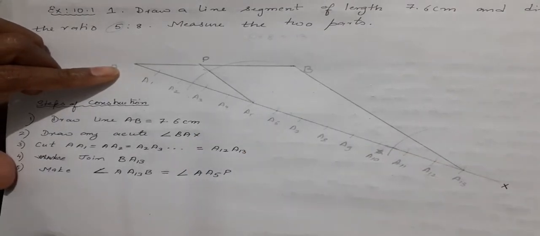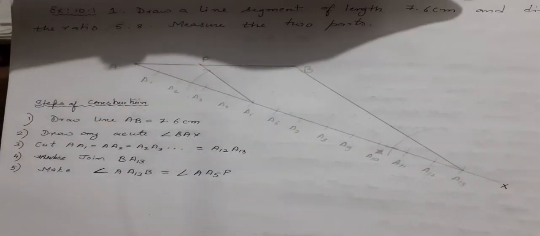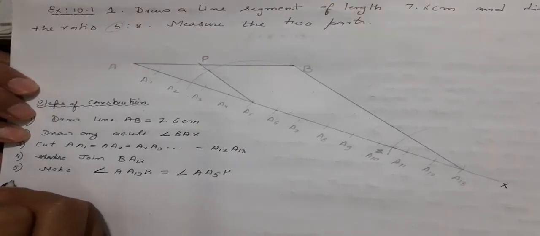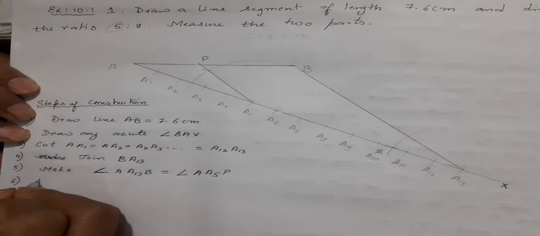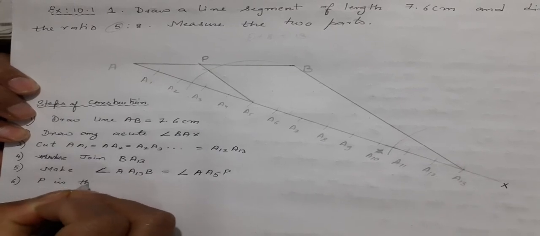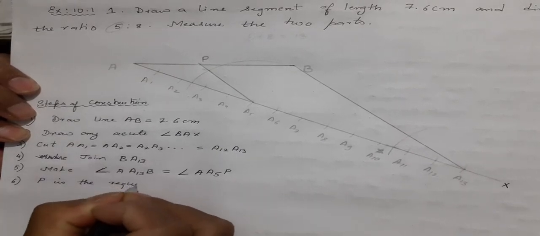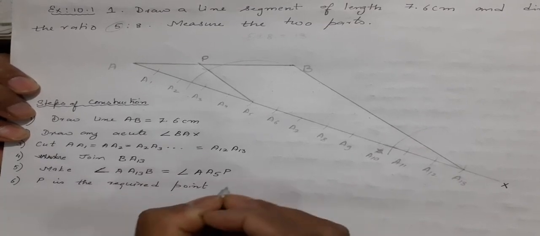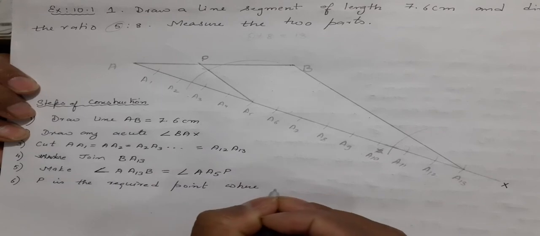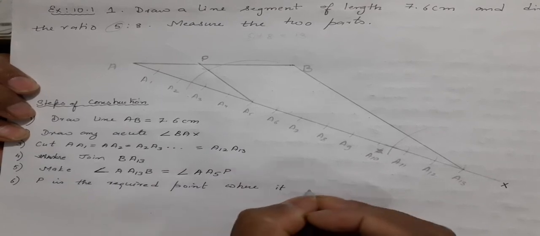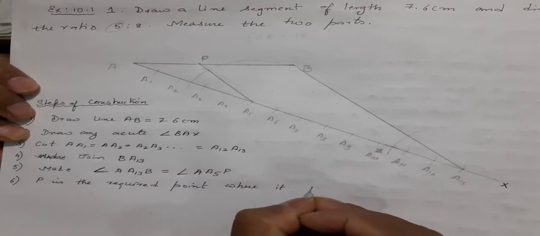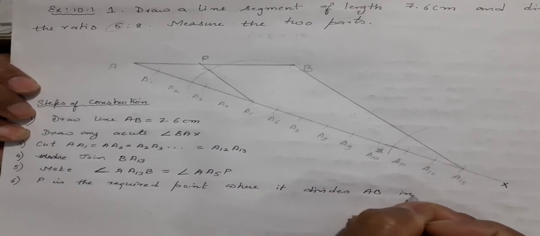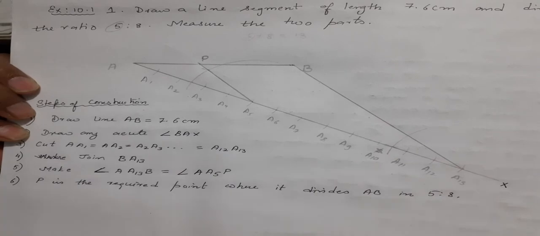How we made, we don't write all the detail, but it is understood that we know how to make it. Okay. Now after this, P is the required point where it divides AB in 5:8. This is the answer.